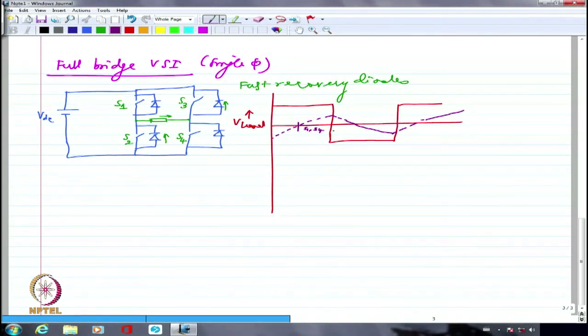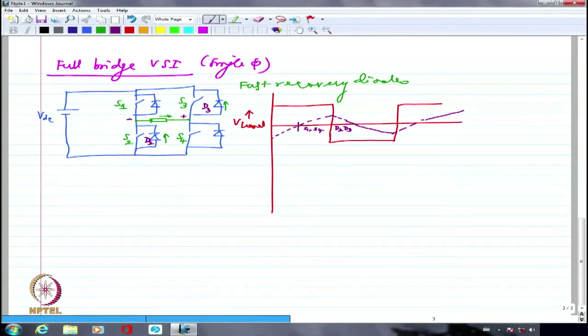Now during this portion, I'm going to have the current flowing. Let me try to name these things. This is D3 and this is D2. So I'm going to have D2 and D3 conducting during this portion. The voltage is going to become negative because I am essentially having the positive being connected through the diode here and negative being connected through the diode here. So the voltage has reversed its direction.